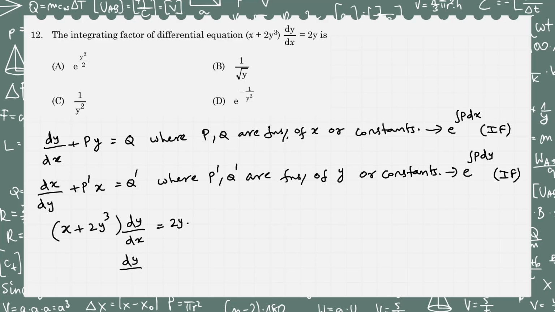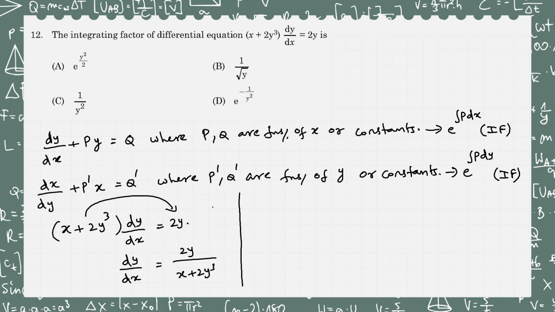If we keep dy by dx on one side, we have to take this entire bracket to the other side as the denominator. We will get 2y divided by x plus 2y cube. Now we won't be able to split this into two different values, so having dy by dx plus py equals q becomes impossible. So we have to consider the second type.